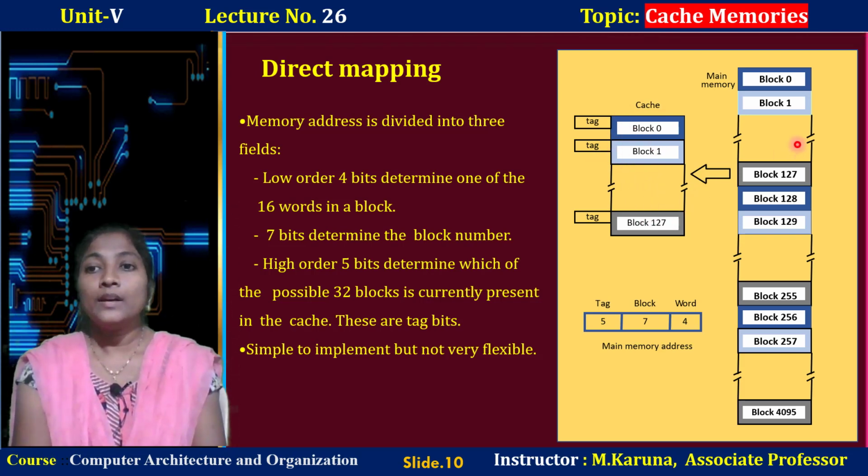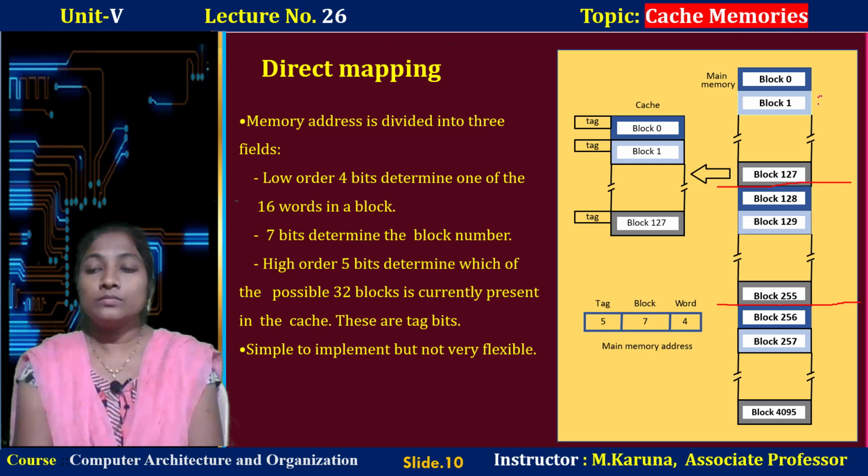Let us see. This main memory contains 4096 blocks. In this direct mapping technique, all blocks are divided into groups. This is one group and this is another group.